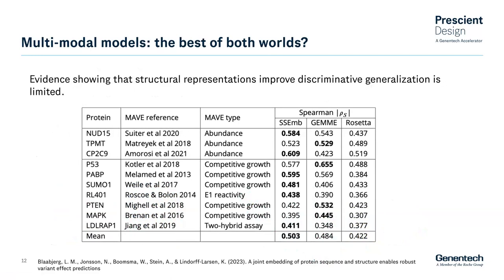And the answer is, right now, the evidence is pretty inconclusive. When you look at papers that include structural information in the embeddings, the tasks that they evaluate on are often biased towards structure. What I mean by that is that they will say, well, we can predict how these different proteins fold better.